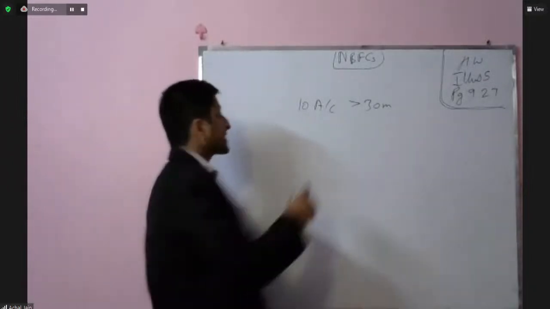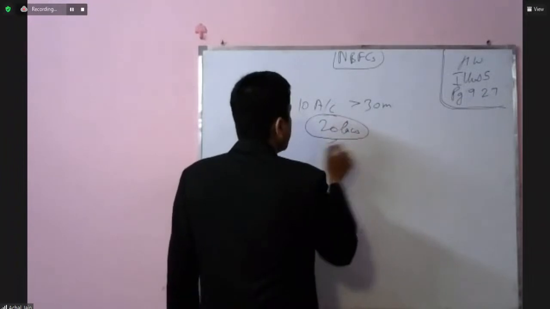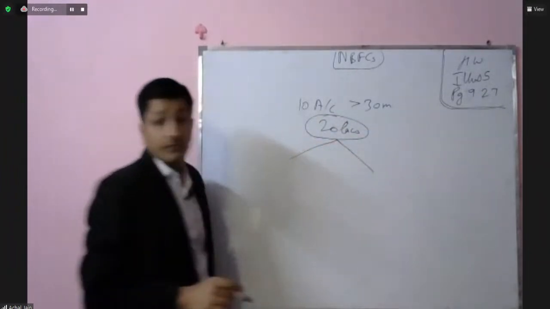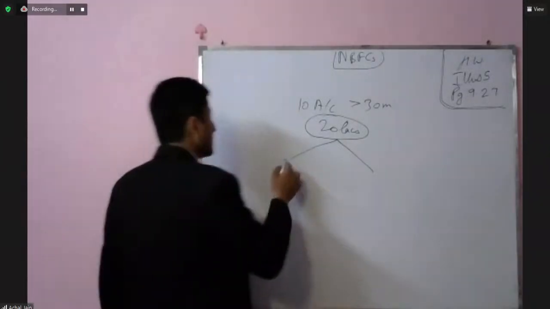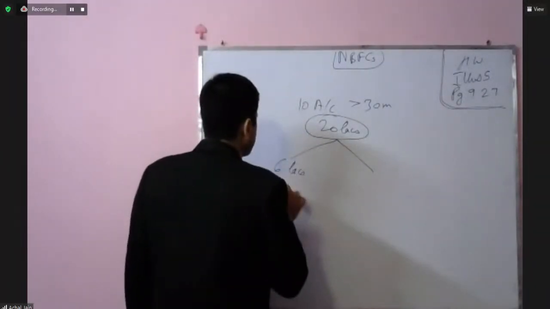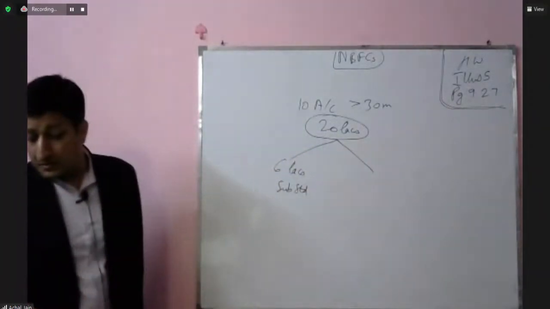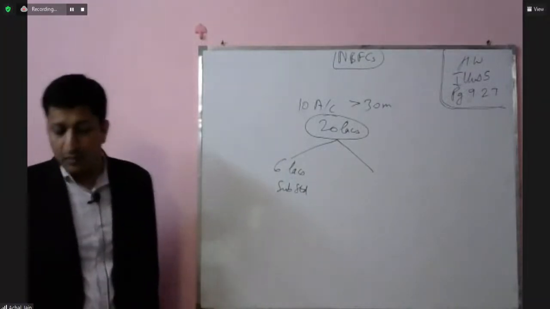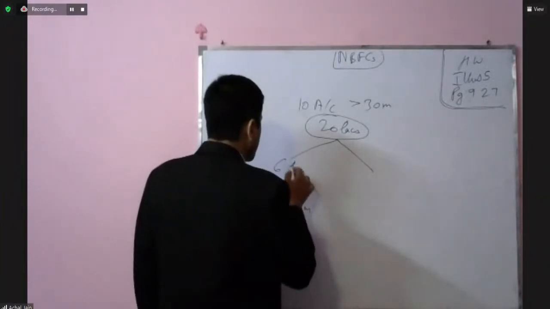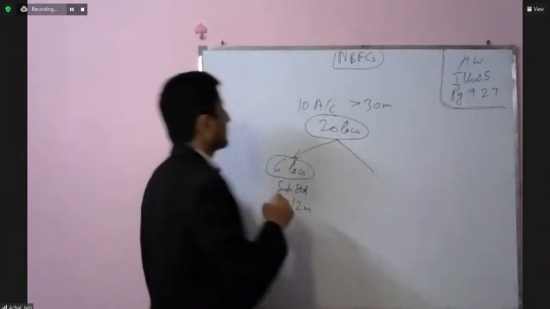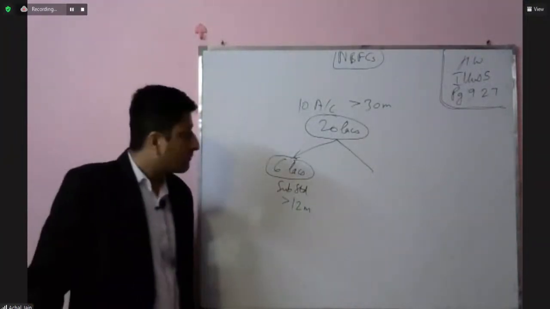That is 20 lakhs. So it says out of this 20 lakhs, 6 lakhs has been identified as substandard. 6 lakhs is substandard, and this has remained substandard for more than 12 months.